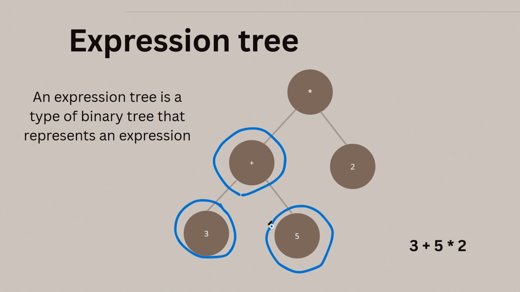So 3 plus 5, and then we go to the root again, and then we go right, so we have 2. So finally we get the expression 3 plus 5 into 2. This is also an application of the in-order traversal.